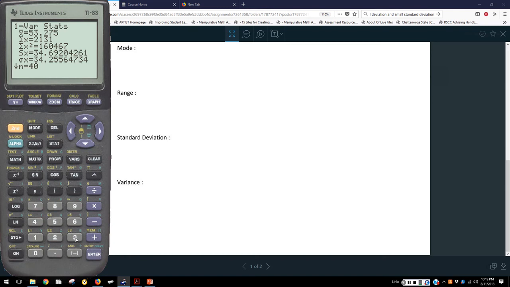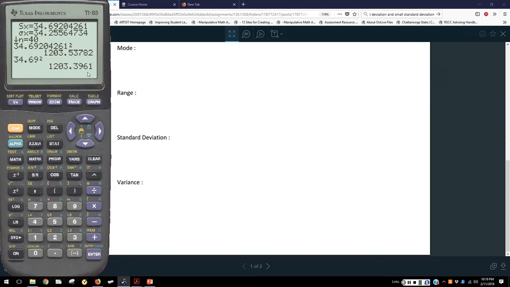And I could actually sit here and type in 34.69204261 and square it, and I will have the variance. What you do not want to do is take the rounded off standard deviation and square that, because if you notice here, it introduces just a little bit of error.